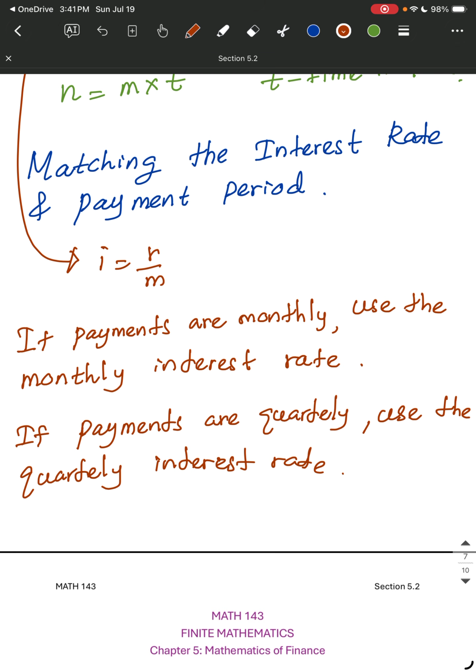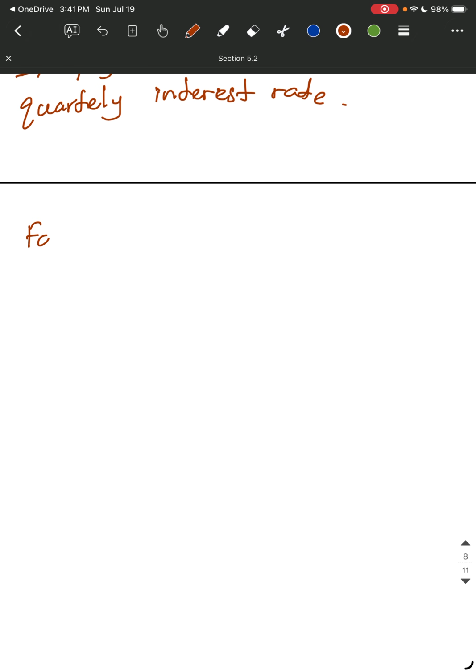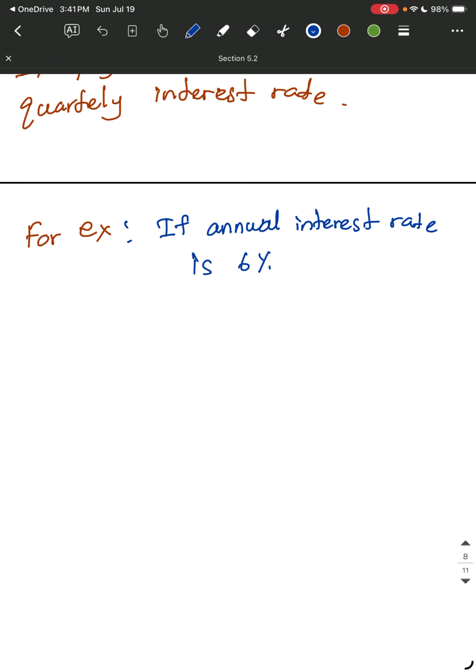So, for an example, if the annual interest rate is 6% compounded quarterly, then i equals r over m, 0.06 over 4, 0.015.